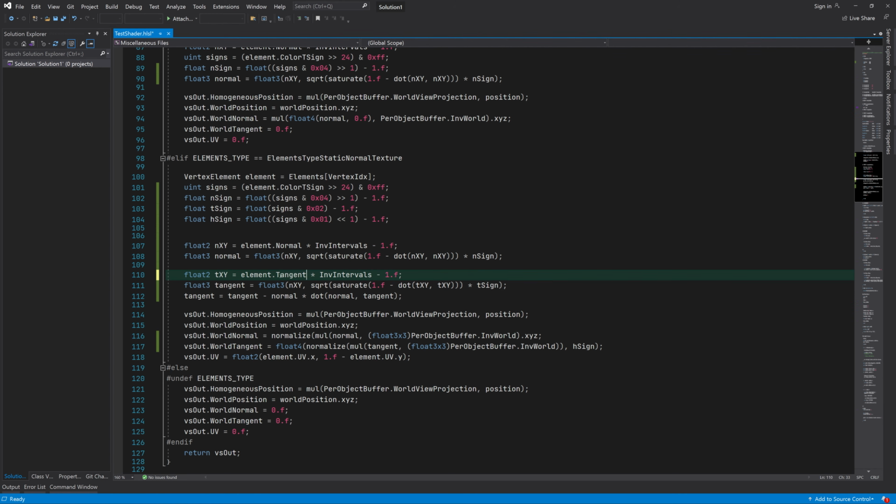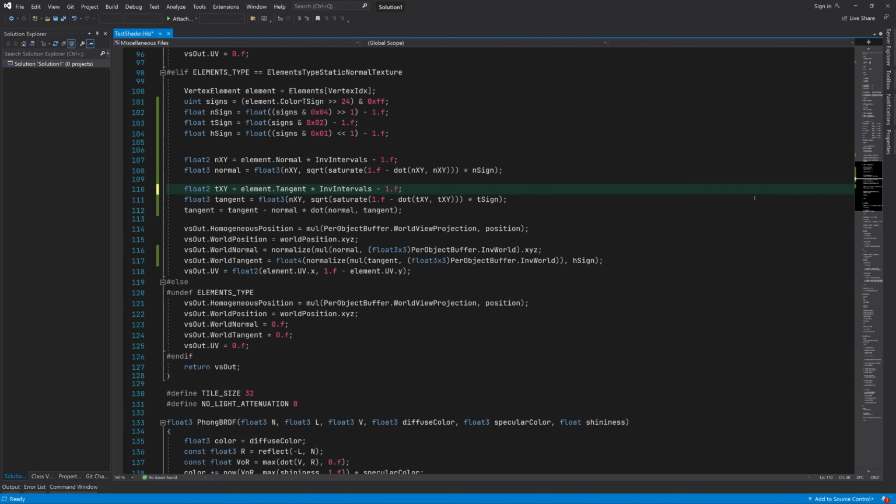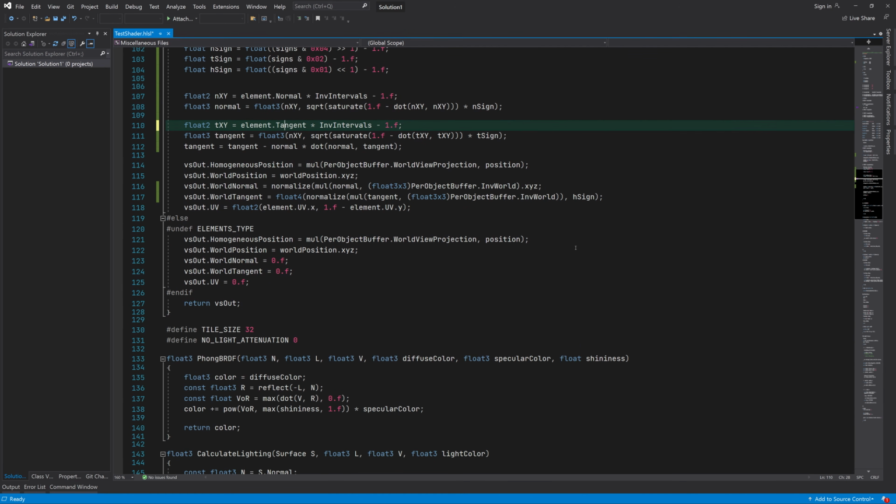Oops, this should be tangent. And here the result is a 3D vector, so we don't need to explicitly get the x, y, z components.